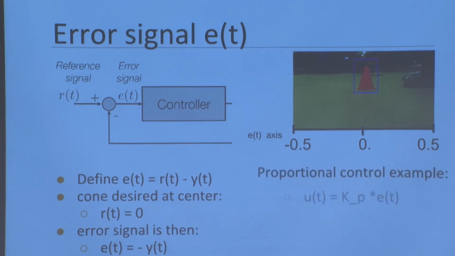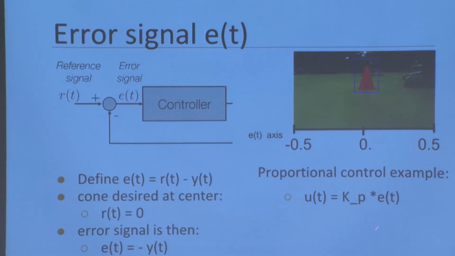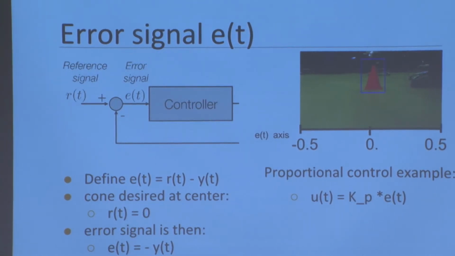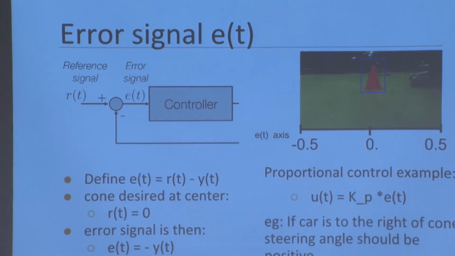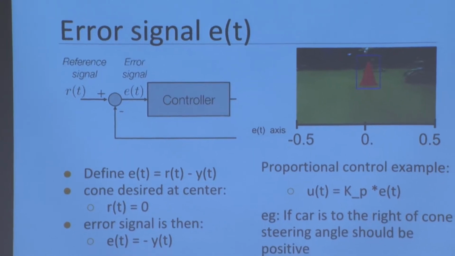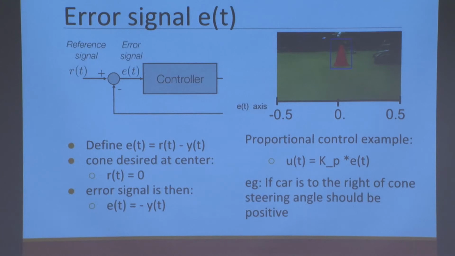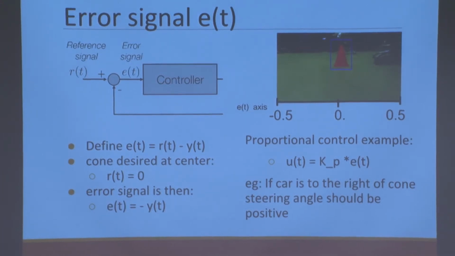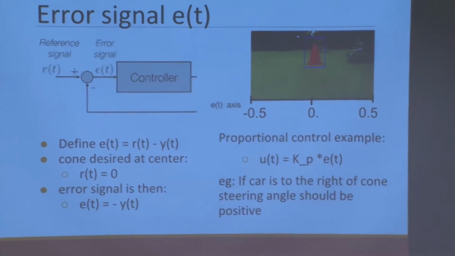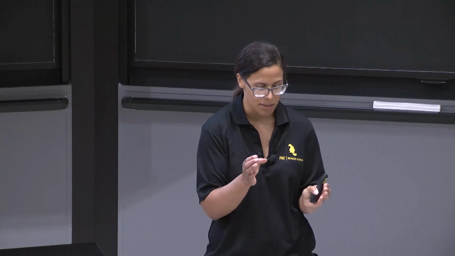If we're using the proportional controller example, that means the command is going to be a gain times E of t. So an example of this is if the car is to the right of the cone, the steering angle should be positive. And that is how I wanted it to be, where I wanted to be able to think about this problem in terms of angles, so that's why I had that right-hand rule at the very beginning.